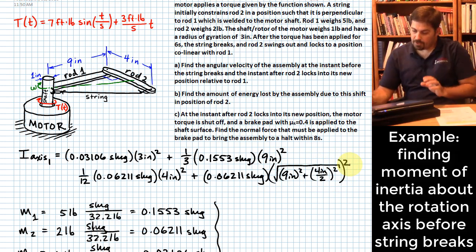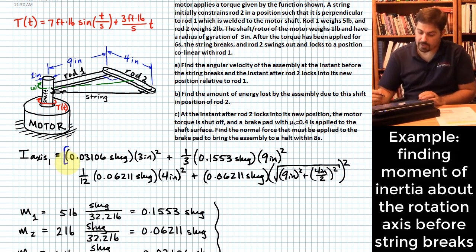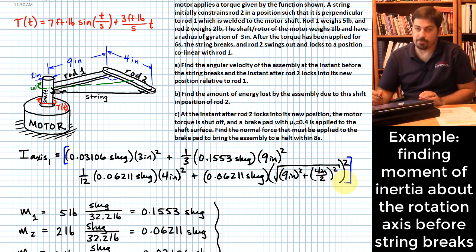All right, one other thing that I'm going to do here is that, ultimately, I think this would be more convenient if I could express it in terms of slug feet squared. So if I take all of this, I can multiply it by a conversion factor to go from the square inches that I have here to square feet.